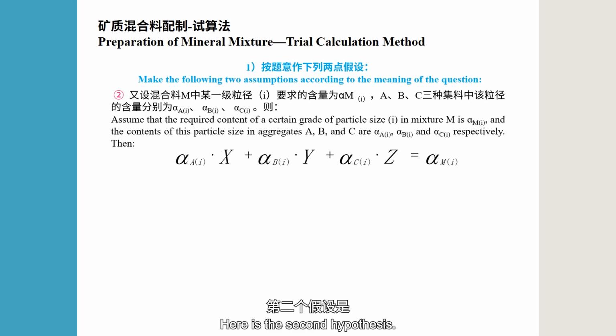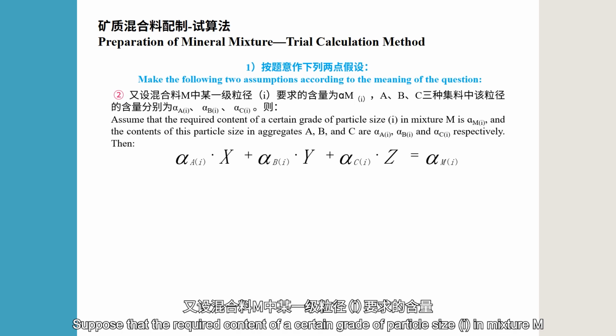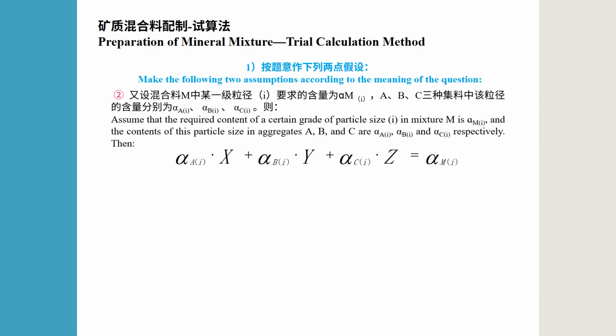Here is the second hypothesis. Suppose that the required content of a certain grade of particle size I in mixture M is alpha MI.